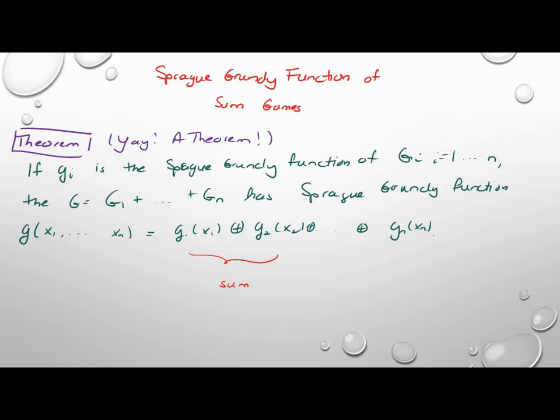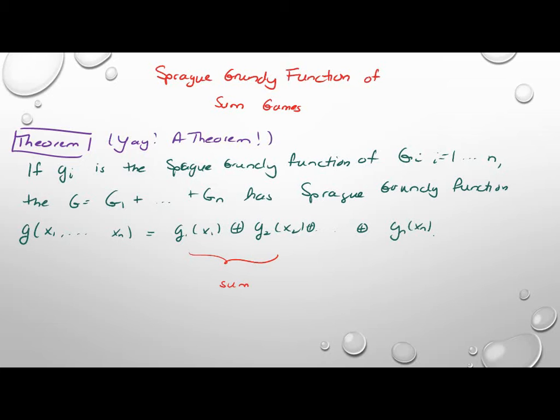Each one of the games would be like a pile of NIM. So if G_i has a Sprague-Grundy function, and the sum of all those graphs has a Sprague-Grundy function defined by this thing, and this is the theorem, because the Sprague-Grundy function actually has a purpose. It's the max value of all the directed pieces of followers, right?